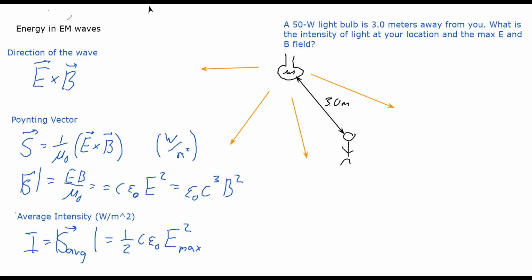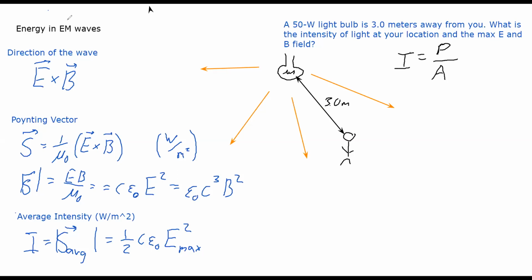Intensity. Well, we know how to find intensity, but the equation I have for intensity is if you have the electric field. The other way to find intensity is its definition. If you look at the units, watts per meter squared, intensity is just taking the power, in this case of the light bulb, and distributing that power over a certain area.